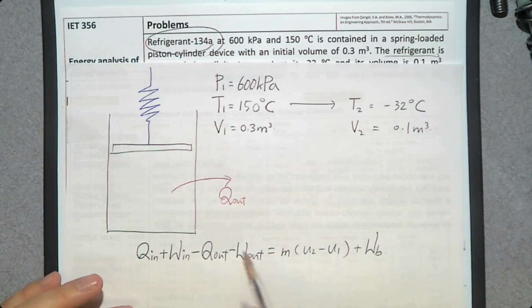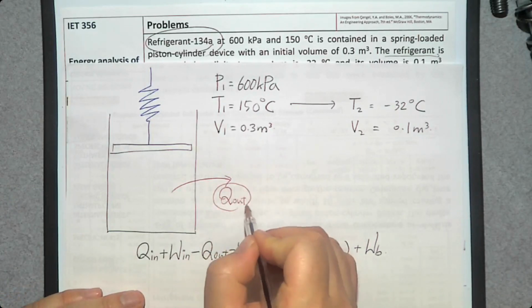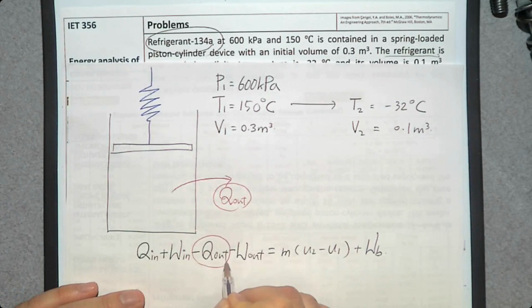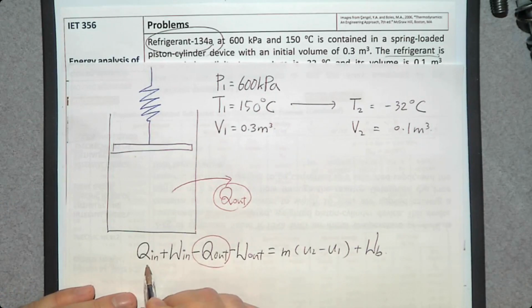Then we already know that the heat transfer is Q out. Then is there Q in? Why is there no Q in?